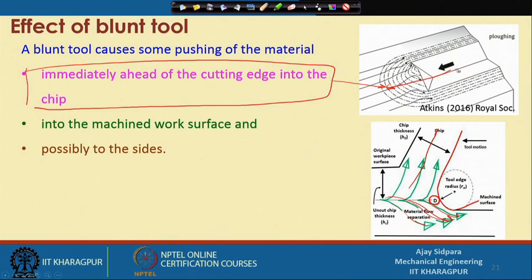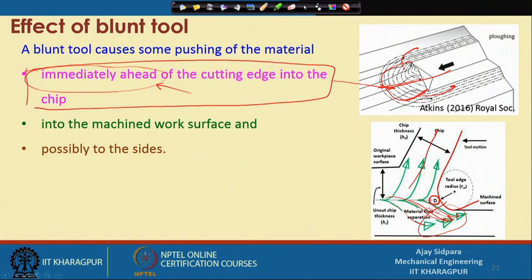Ultimately, when the tool approaches, whatever material is present ahead of the tool will be considered as a chip also, because at the end this whole material will be scooped out by the tool, but part of this material again becomes the machine surface, and some of them go to the sides also. So, this material will not play a major role, but what is happening to this particular material will be very interesting to understand by these two examples, that some of the material becomes part of the workpiece surface.